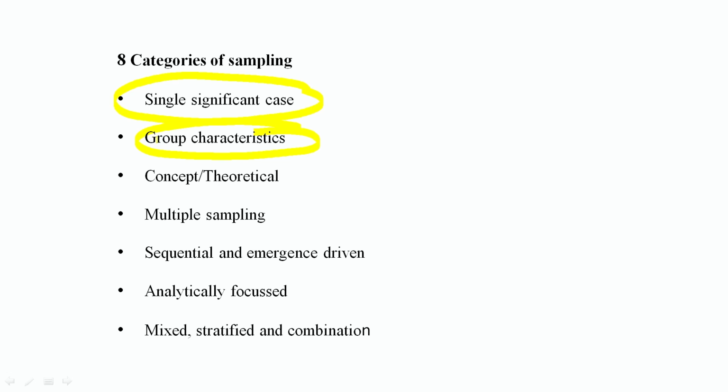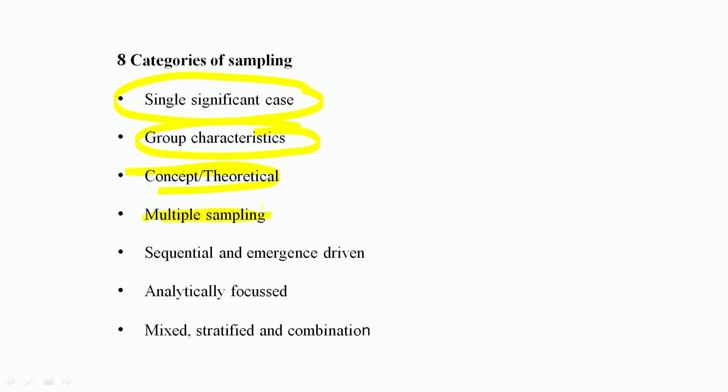From the term itself you can understand these two represent two different formats. One is a single example can work, whereas in the second category there is group characteristics that we study, and the third is conceptual or theoretical.